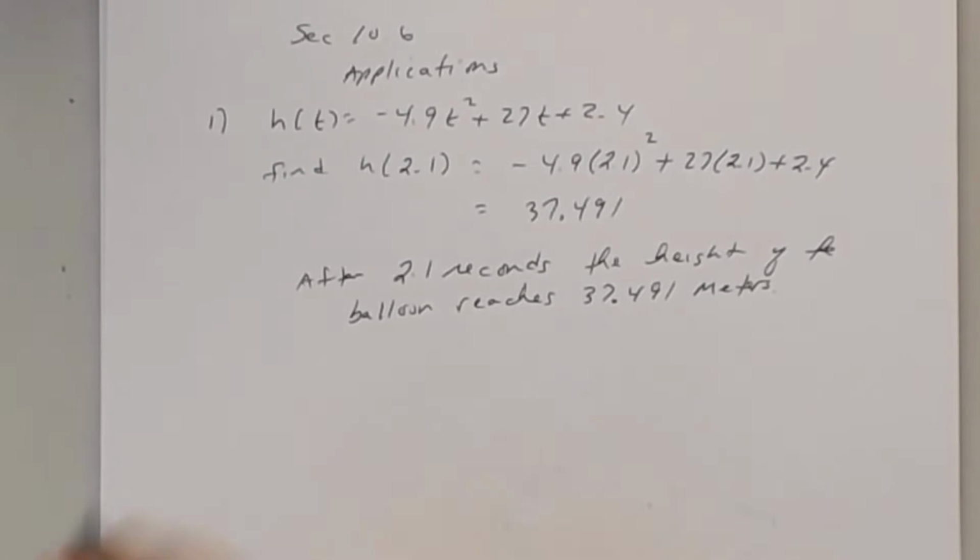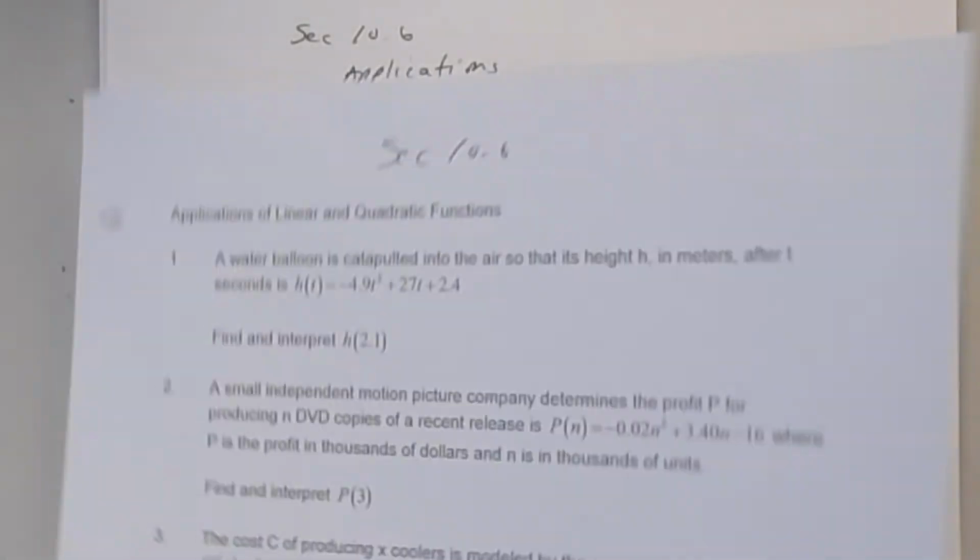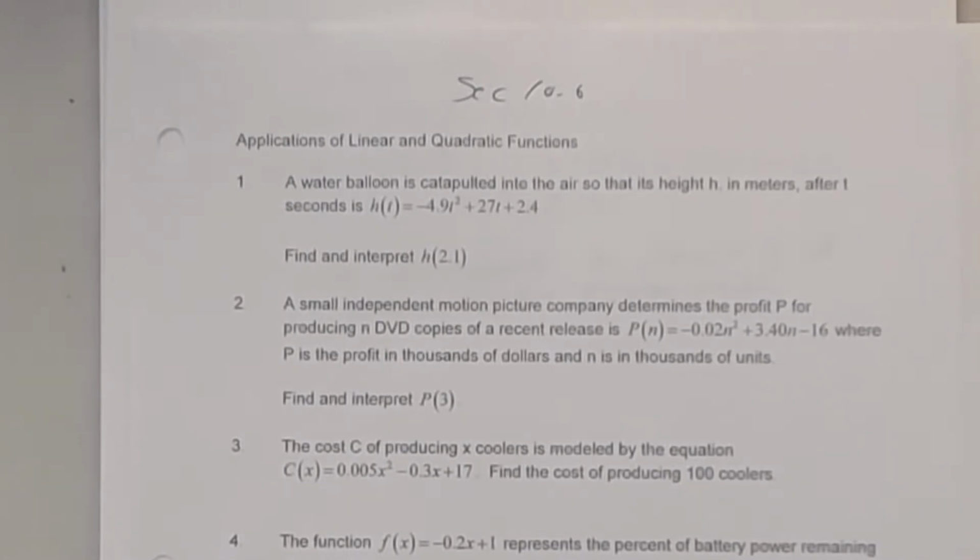Okay, all right, number two. Number two, this time you're told that a small independent motion picture company determines the profit P, so P is profit, for producing N DVD copies of a recent release is given by this function. And again, you're told P is a profit and it's in thousands of dollars, okay?